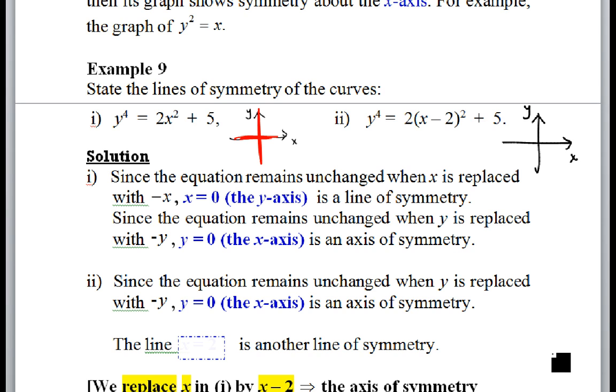From here to here. Don't need so long. When you replace x with x minus 2, it is a translation 2 units in the positive x direction.